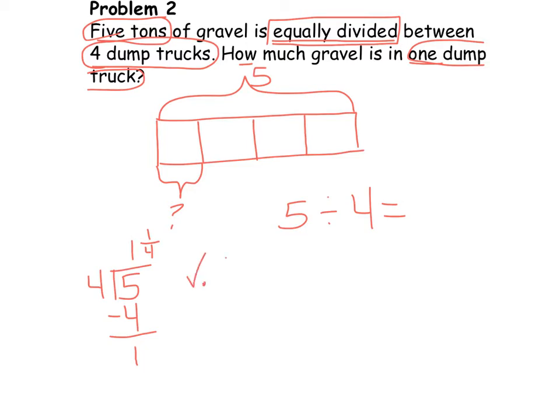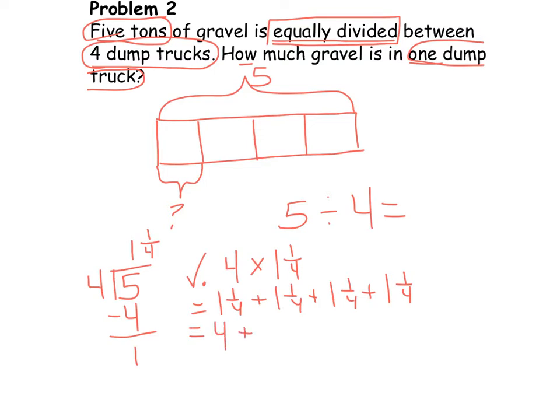So if you remember from Module 2, 4 times my divisor times my quotient. But I'm going to represent that in addition. So I'm going to add 1 and 1/4 4 times. Well, I know 1 whole plus 1 whole plus 1 whole plus 1 whole is 4.